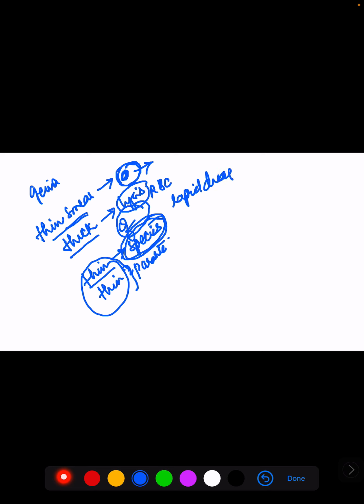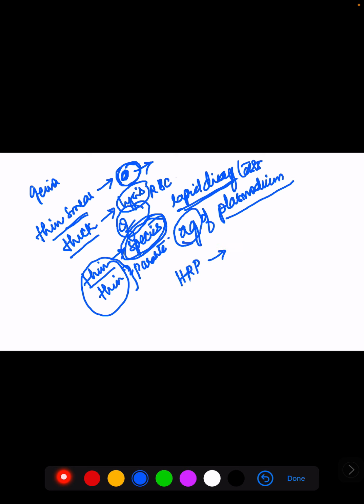And then we have rapid diagnostic tests. These rapid diagnostic tests detect the antigen of plasmodium. So what is the antigen?